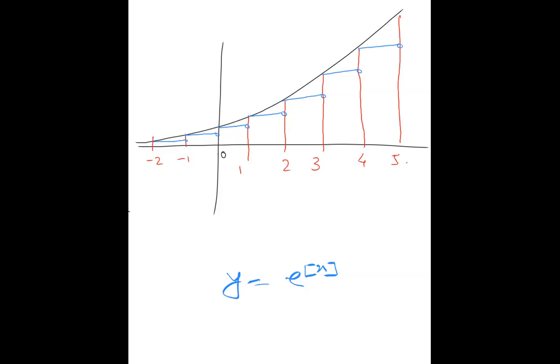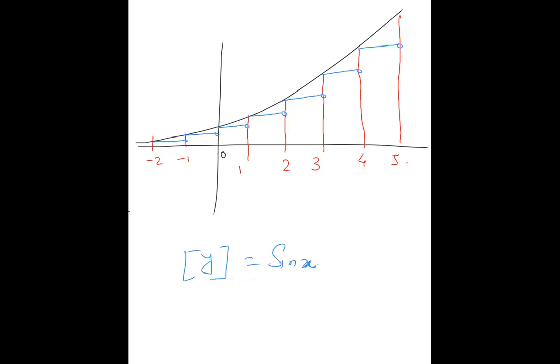But what if we are drawing the graph greatest integer y is equal to sin x, right? Is it clear to everyone? I'm giving you 2 minutes time.